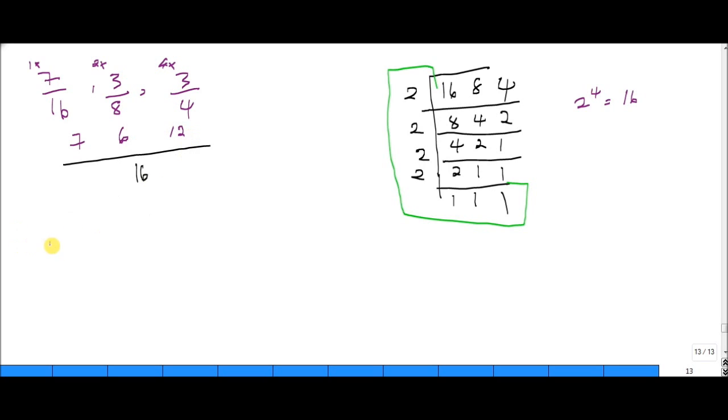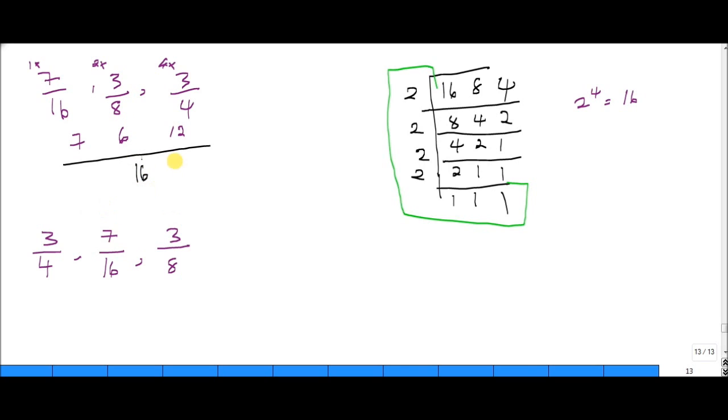Time to order them. So we want descending order, so the largest one should come first. So 3/4 comes first because it has 12/16. Then 7/16 would come next because it would be 7/16. And finally 3/8 would come after because its equivalent fraction is 6/16.